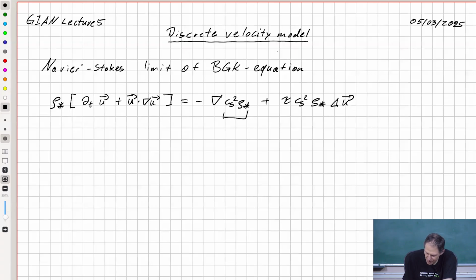So I got rid of this bulk term, because we are assuming that the divergence of u is here 0, yeah.